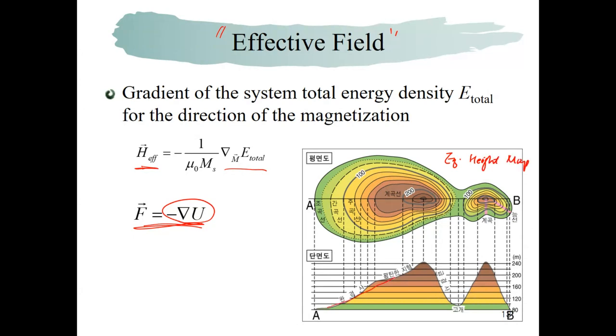If we have such a mountain, we have such a top view map, and the gradient means if we have a narrow gap here, then we have a large gradient. This gradient implies the acting force on the object.